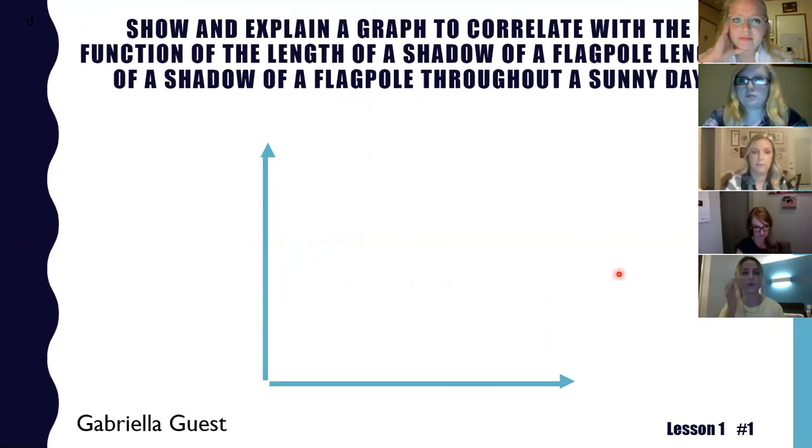In this example, we want to show and explain a graph to correlate with the function of the length of a shadow of a flagpole through a sunny day. So on the left, it's the length of the shadow, and the bottom is the time it takes.